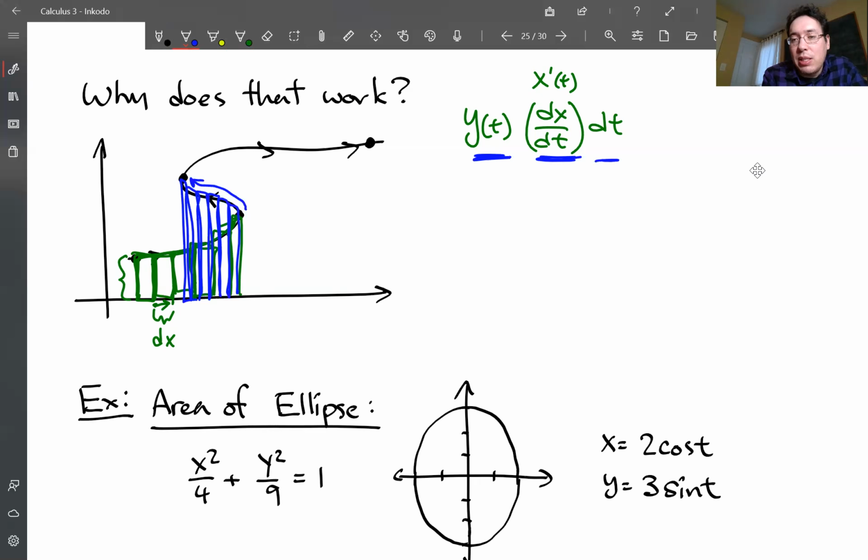So times dt, the change in time is going to be positive as time counts upward. So this area right here is going to be subtracted from the total area as it computes to the left. Okay.